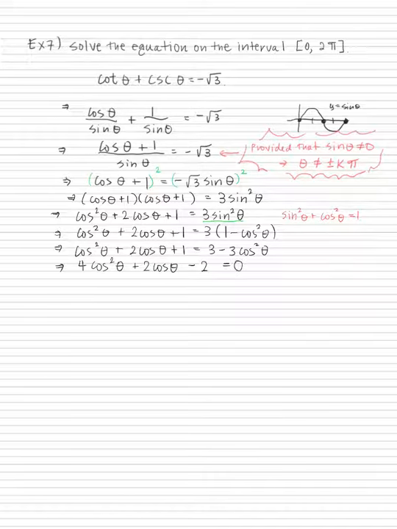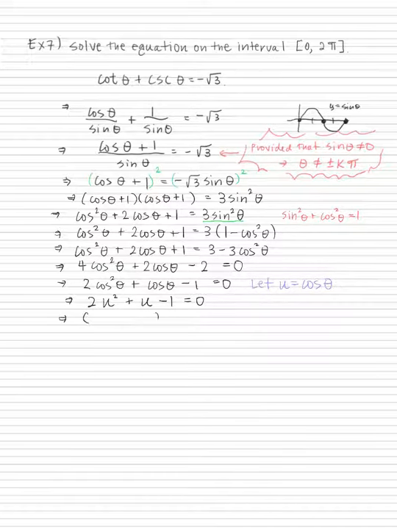Alright, so let's make this a little bit simpler by dividing out by 2 if you want, but this is equivalent to 2 cosine squared plus cosine minus 1 equals 0. So now it looks like we have a quadratic equation. So I'm going to say let u be cosine of theta. Then I can rewrite this as 2u squared plus u minus 1 equals 0.